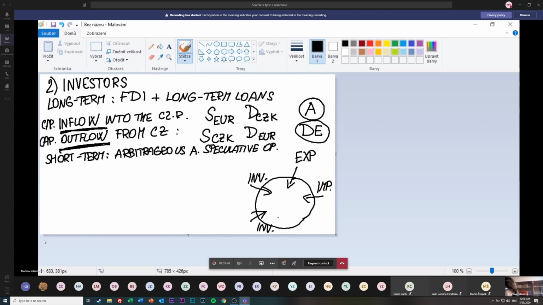Yes, let's start with arbitrage operations. What is it? Please write that they use these operations, these trades use different exchange rates.